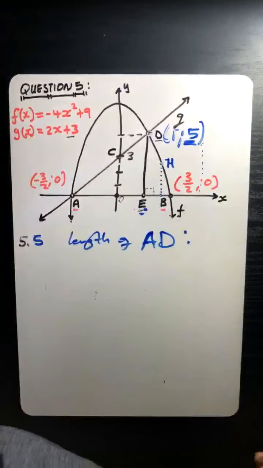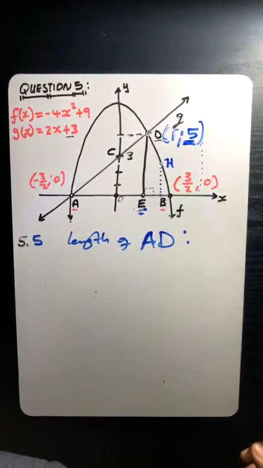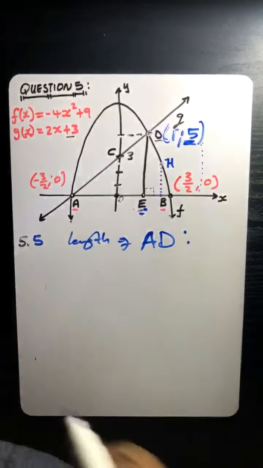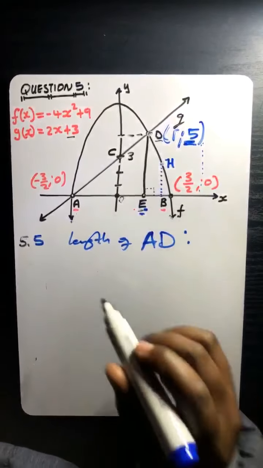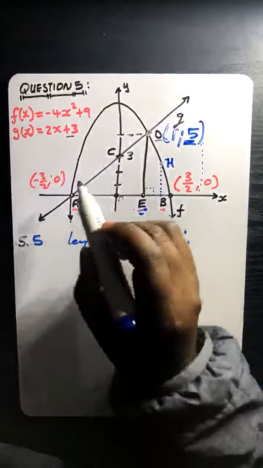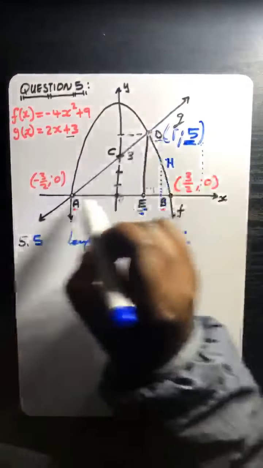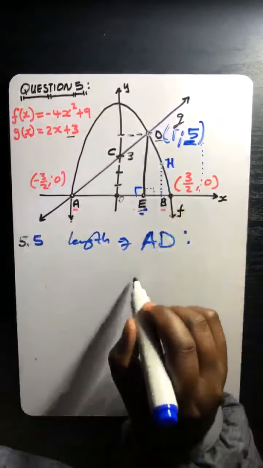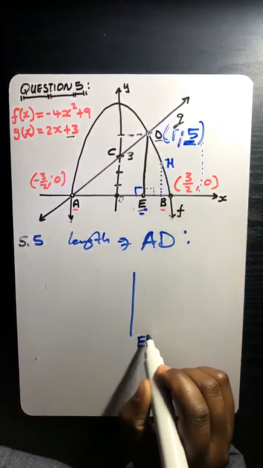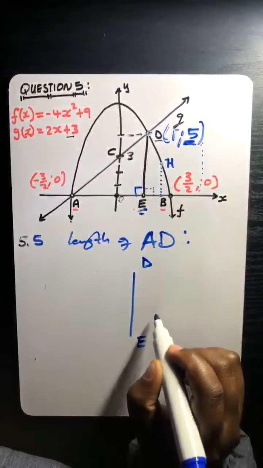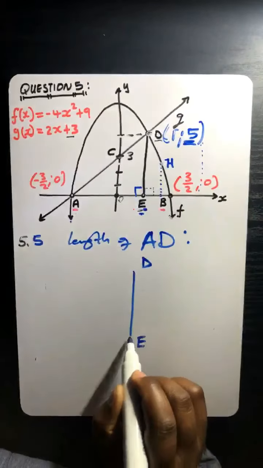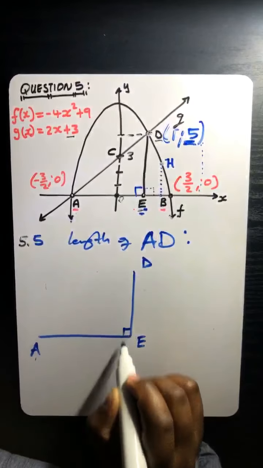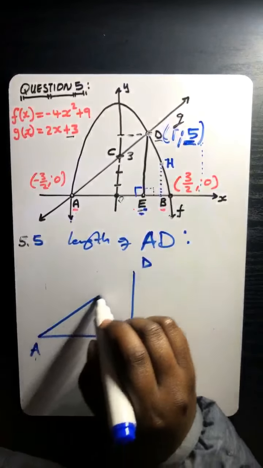I'm going to give you guys a strategy based on my mathematical experience. You can see a right-angled triangle there. This is a vertical line, E and D, and there you've got a horizontal line to A. So you have a 90 degrees there.